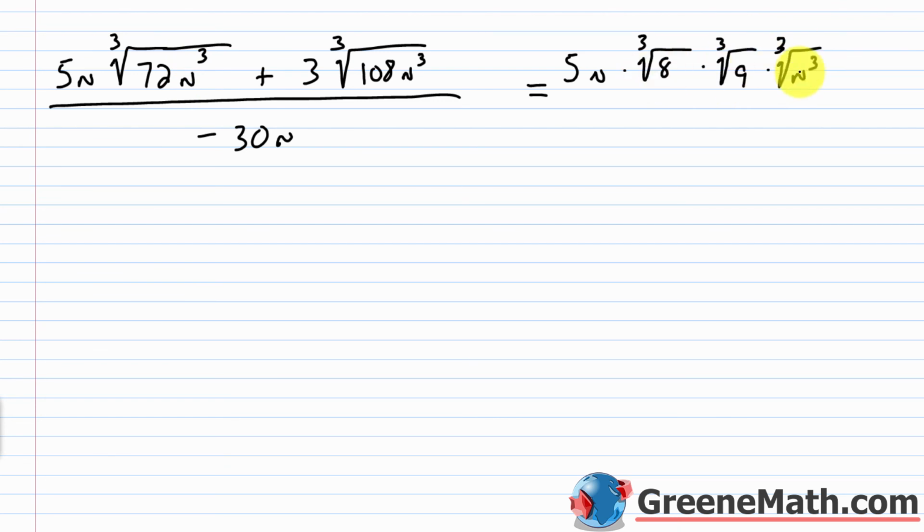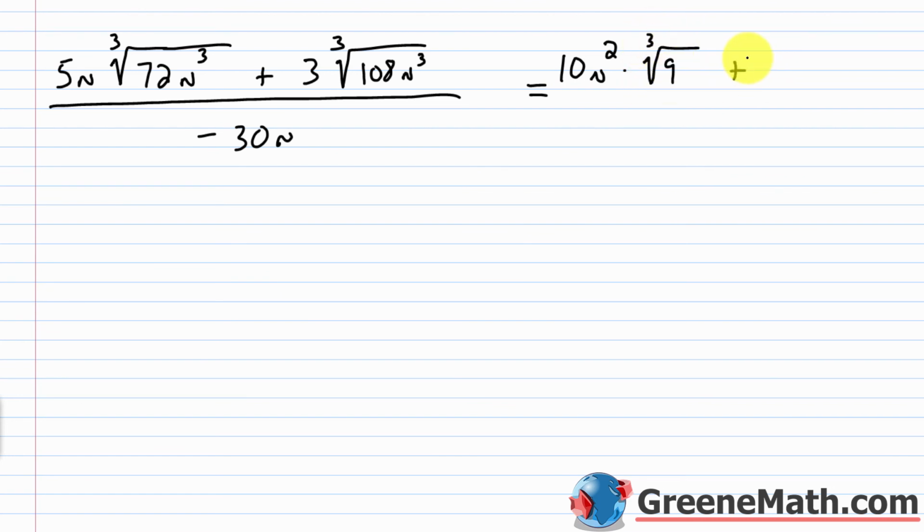So these two can be simplified. The cube root of n cubed is n, so we can just make this n squared. And the cube root of 8 is 2, so we can just make this 10. So we get 10n squared times the cube root of 9.